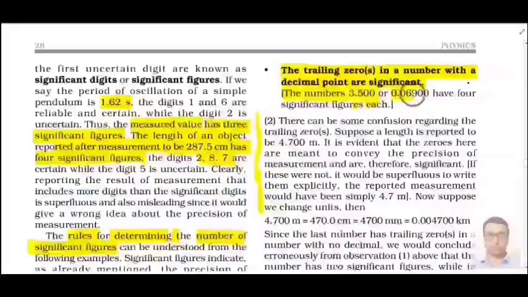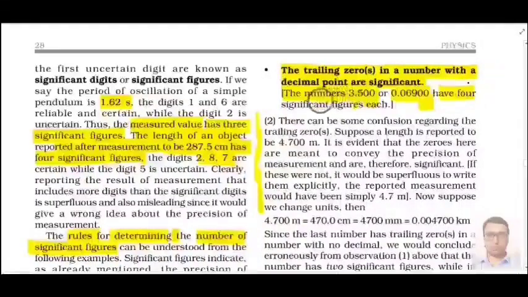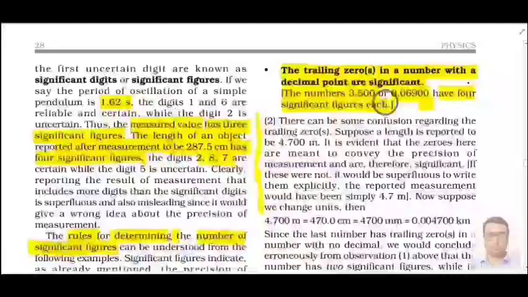For example, here we have 0.06900. In this, the last two terminal zeros will be treated as significant zeros. So it will have 4 significant digits.